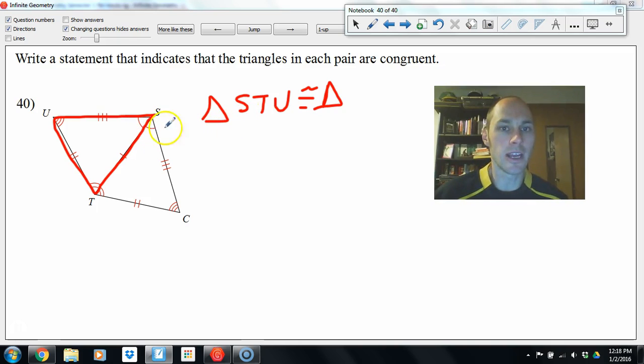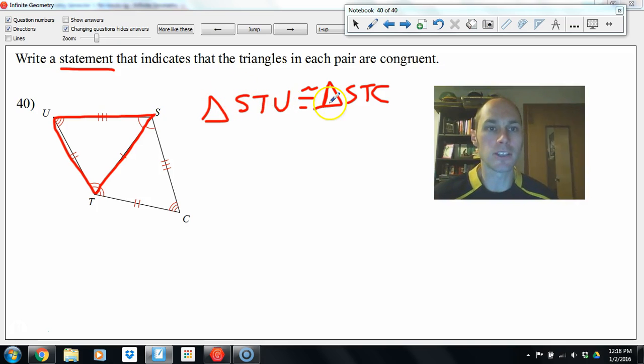S is congruent to angle S in this one. And then we did T, which is 2 arcs. 2 arcs is T for that one. And then U is 3 arcs. C is 3 arcs. So we'd say triangle STU is congruent to triangle STC. That would be our congruence statement. It shows that they are congruent, and we can match up all corresponding sides and angles from there.